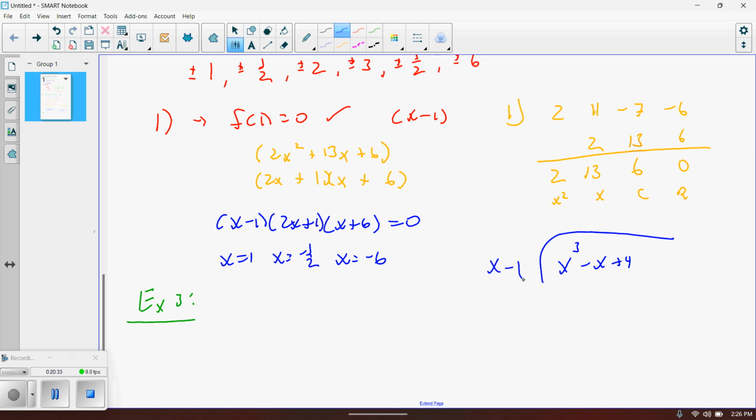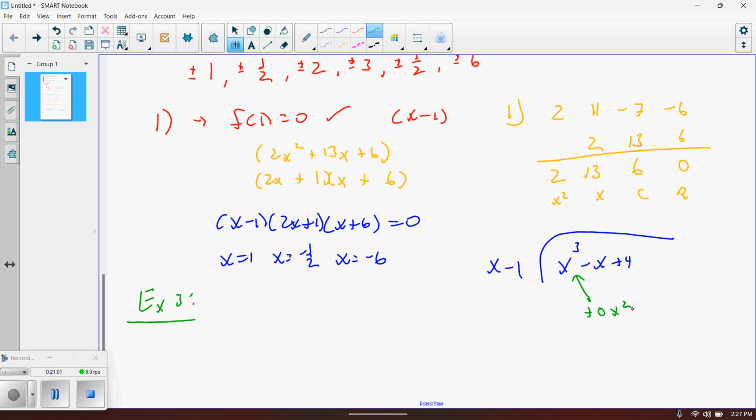So the problem is I don't have every single possible degree term underneath my division symbol. I'm actually missing an x squared term. You can't do it the way that I have it set up right here. You have to include a placeholder for that x squared term, so you would add a 0x squared.